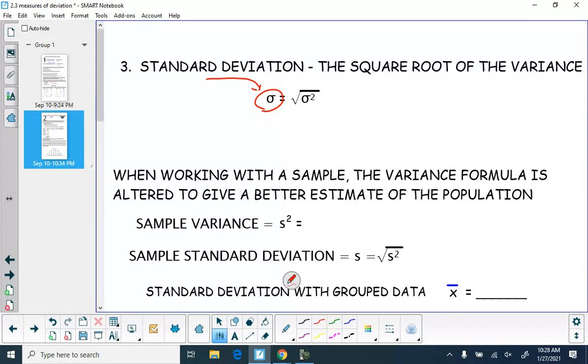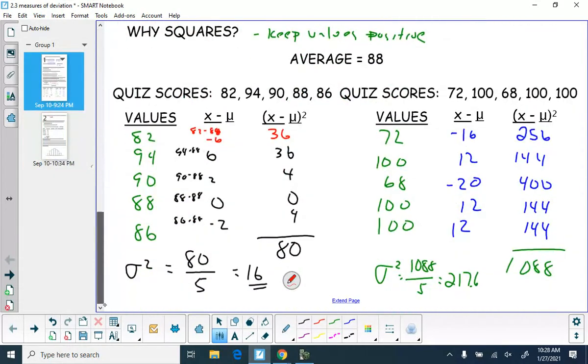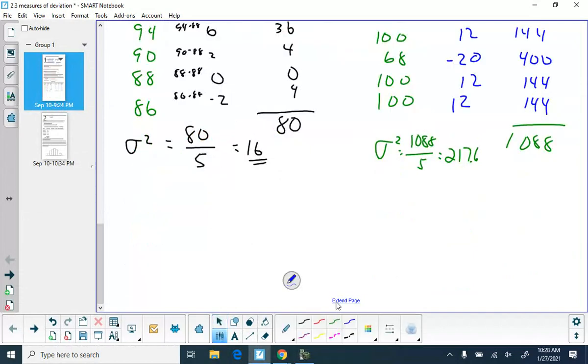So if we go back and find our standard deviation, our standard deviation here would be the square root of 16, which is a value of 4.